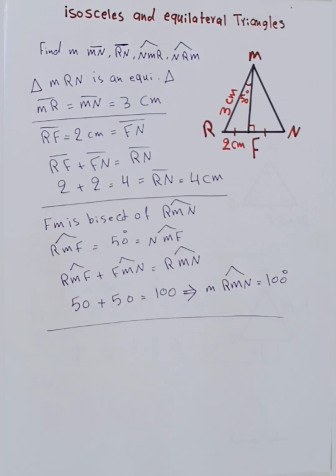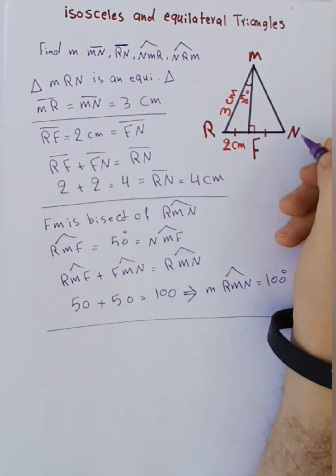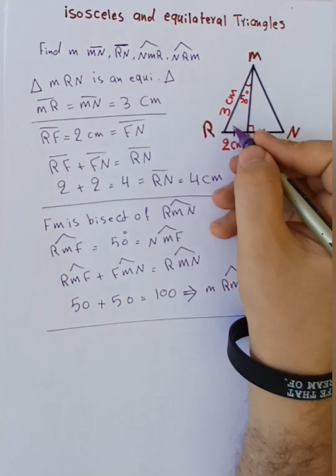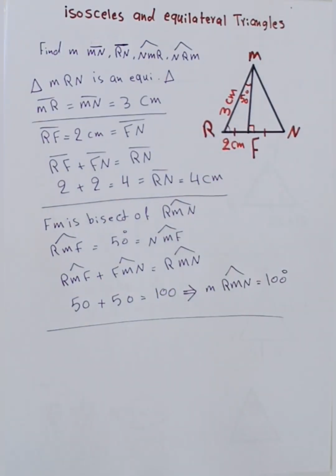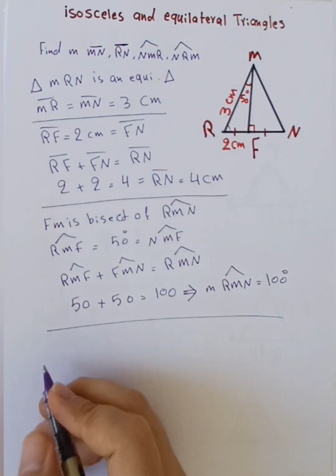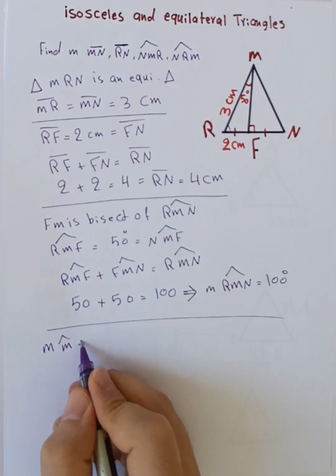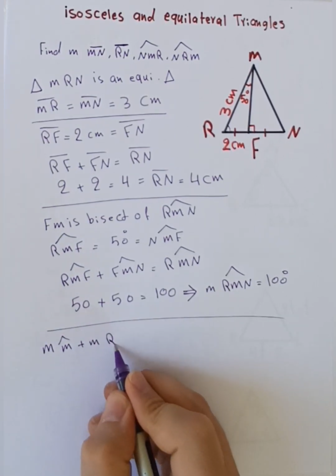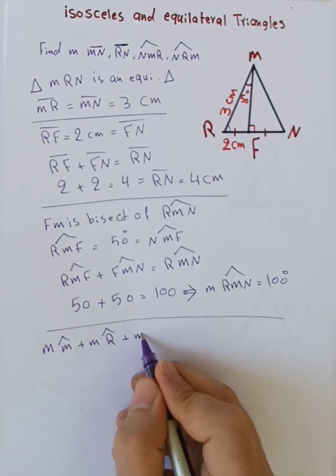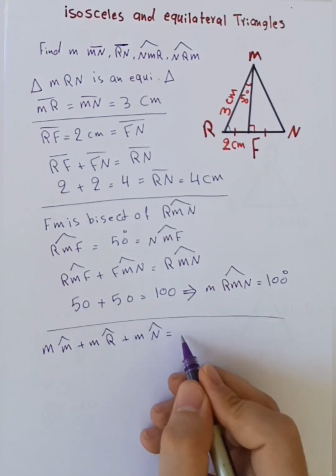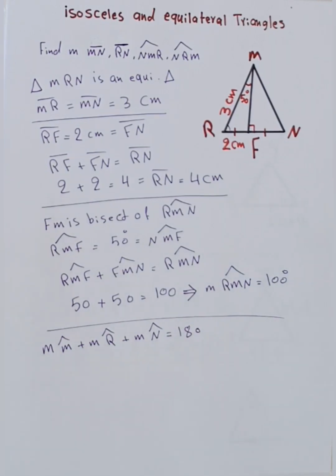After that, the last part of this example, you have to find the measure of angle NRM. So we can say the measure of angle M plus the measure of angle R plus the measure of angle N equal to 180, because the sum of the measure of the interior angles in a triangle equal to 180.